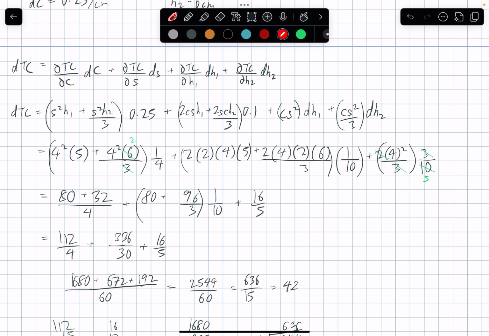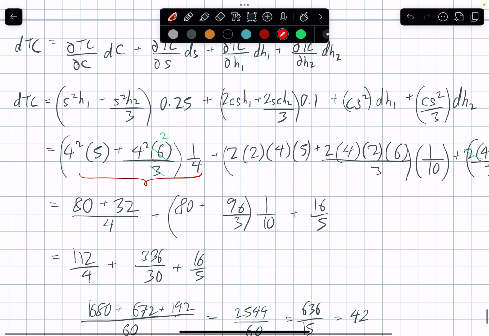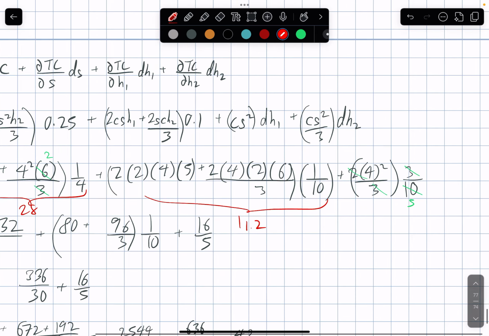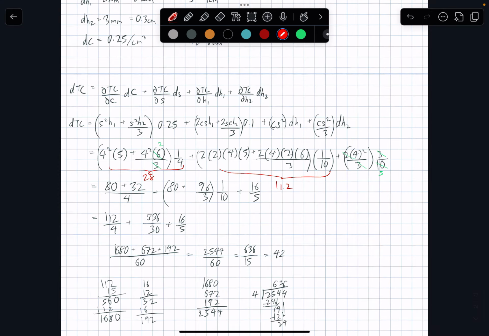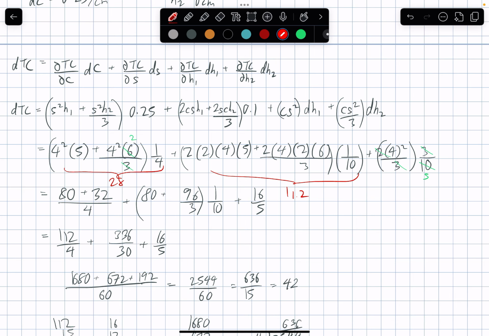Essentially, this entire thing is supposed to be 28. This is gonna be 11.2. Wait, we're missing something. Yep, we are missing something.